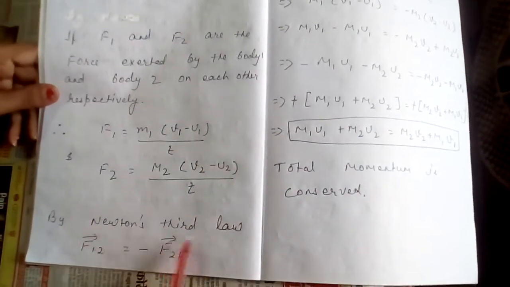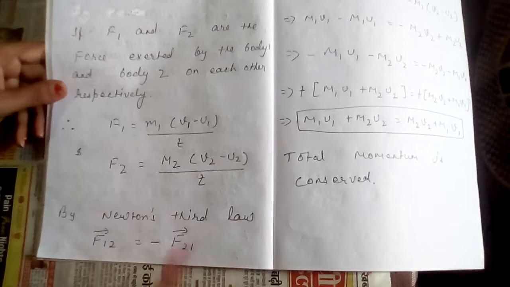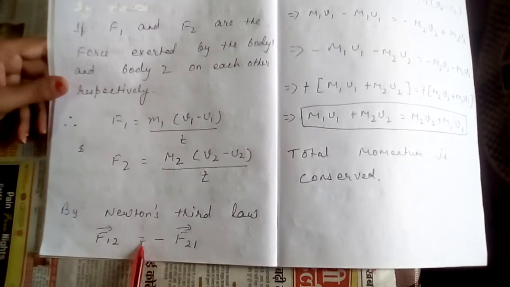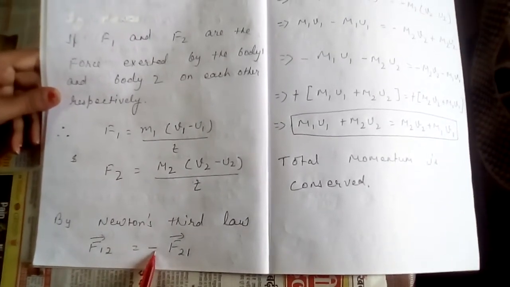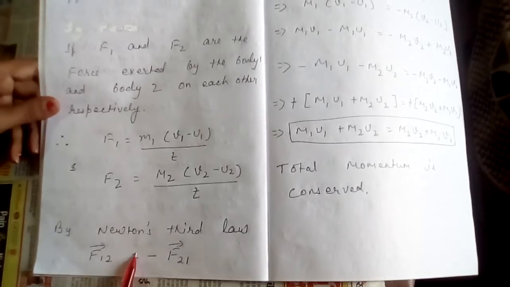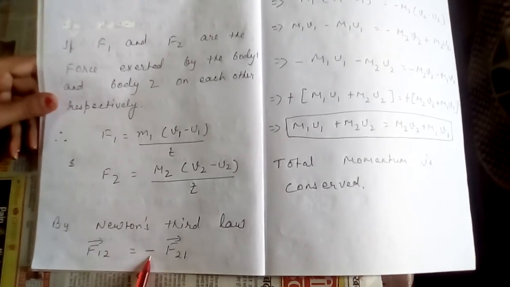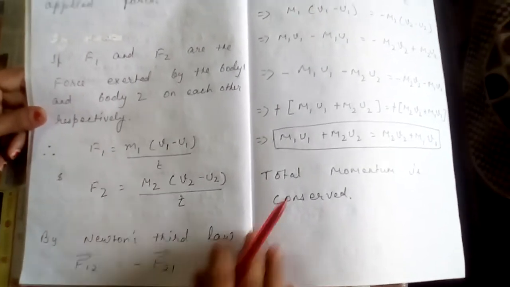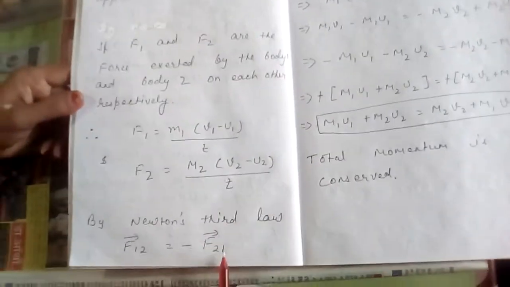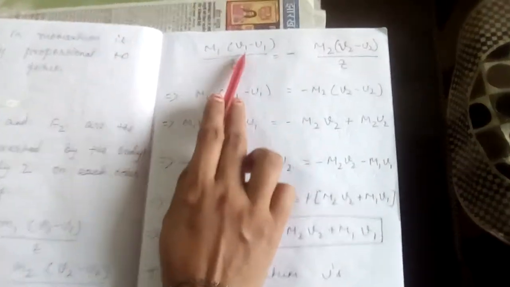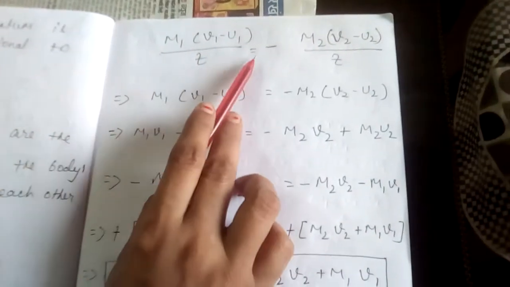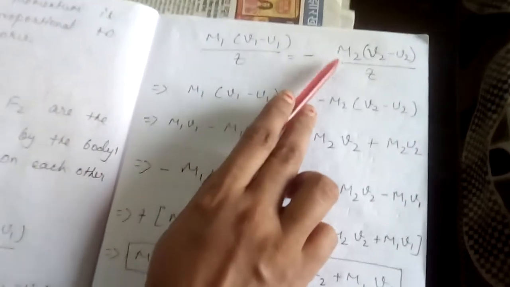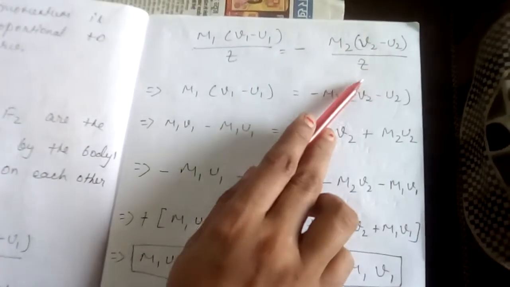By Newton's third law we know that to every action there is equal and opposite reaction. So F12 is equal and opposite, that is minus F21. So in place of F12 and F21 we can write m1 (v1 minus u1) by t is equal to minus m2 (v2 minus u2) by t.